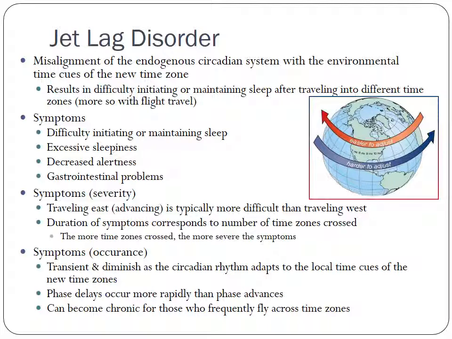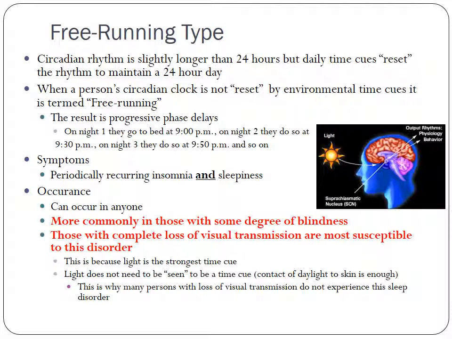The occurrence of symptoms, transient. They may be transient and diminish as the circadian rhythm adapts to the local time cues of the new time zones. Phase delays occur more rapidly than phase advances, and these can become chronic for those who frequently fly across time zones. So let's go to our next.